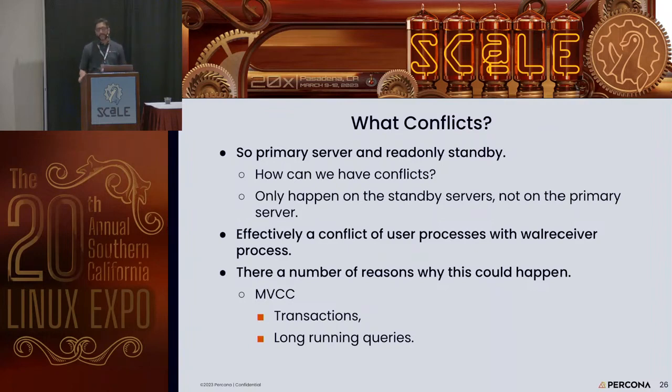On the standbys, you do have an issue because it has a higher priority process, the WAL receiver process, that's responsible for receiving the data from the primary server, and it's also responsible for redoing those changes on the server itself. And that high priority process in the backend is where the conflicts on the standbys would come in, and that's when you need to effectively kill some of the backends.